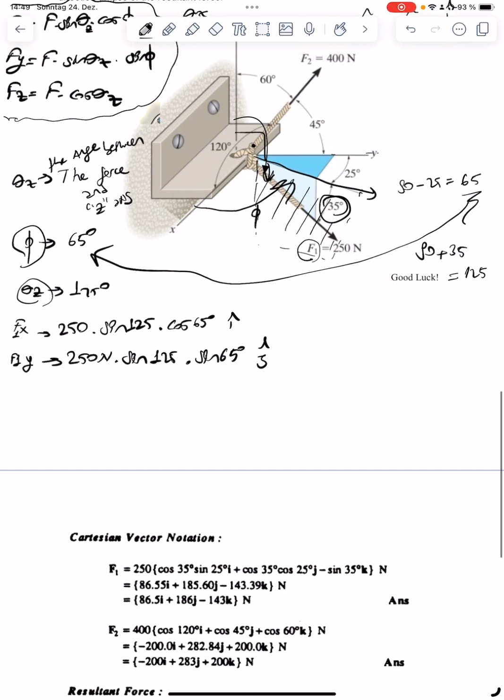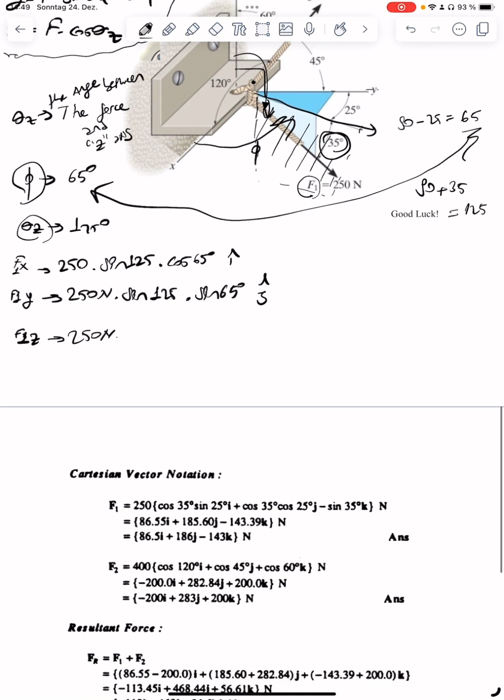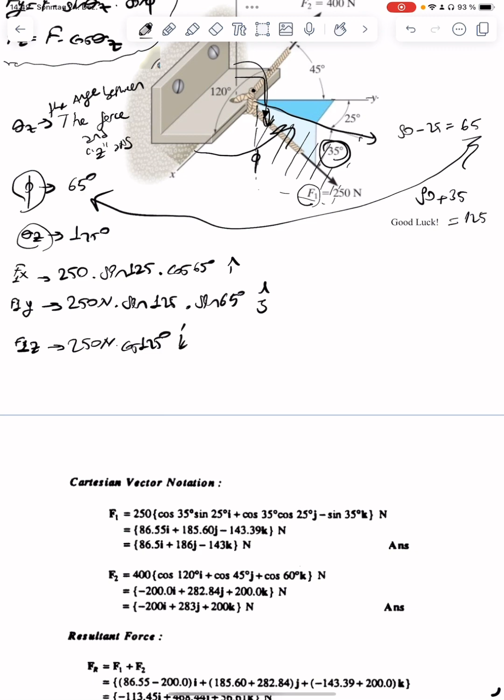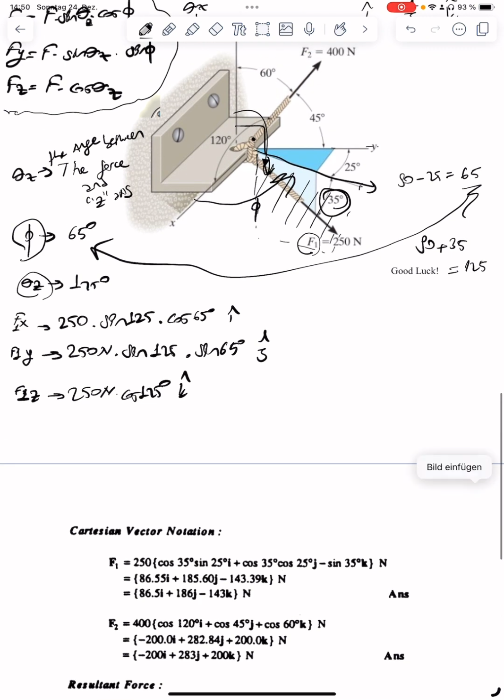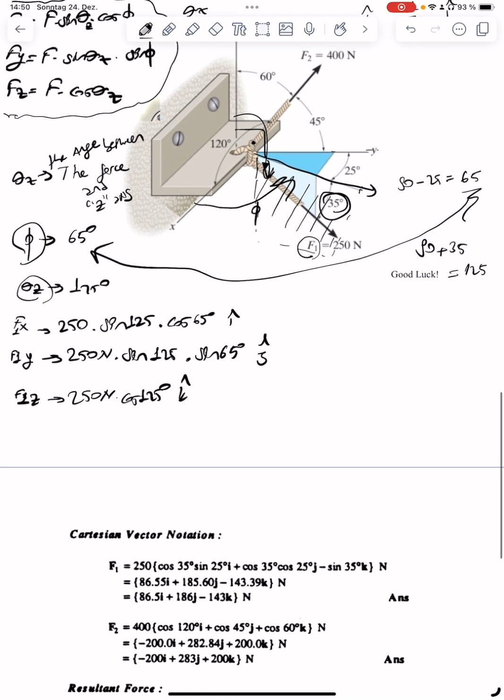Okay. Also, we can find F1 in the z-axis. The magnitude of F1, 250 Newton, times cosine theta z, which is 125 degrees, and k hat. Nice. So we found F1's components.